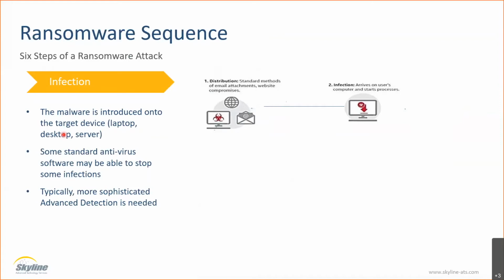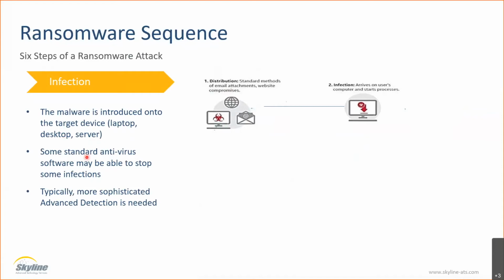Most of those laptops and desktops will have some type of antivirus, and that may stop it, but here's the thing. The bad guys now are sophisticated enough that they buy the off-the-shelf antivirus and test to see whether their ransomware or malware can bypass it.